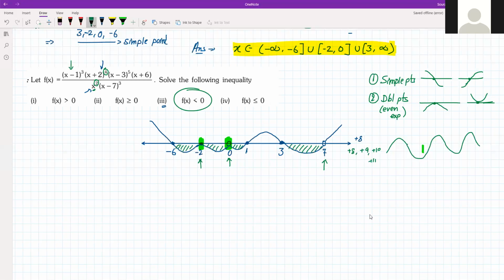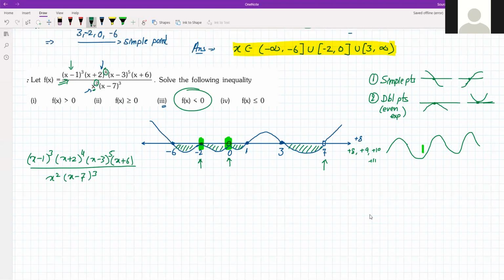You take any one number from that, substitute it here, and see whether it gives you a positive or negative value. So (x minus 1) whole cube into (x plus 2) to the power 4 into (x minus 3) to the power 5 into (x plus 6) to the power 1, divided by x square into (x minus 7) whole cube.